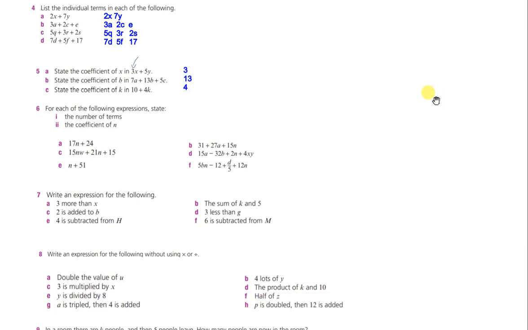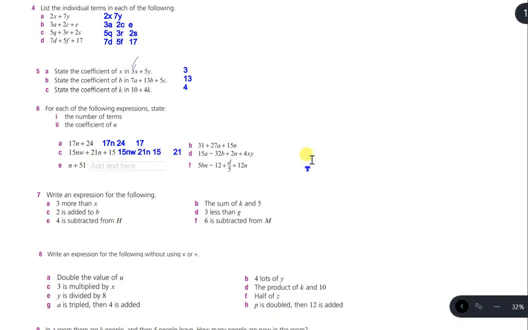Number 6, for each of the following expressions, state the number of terms and the coefficient of n. So, for a, we've got 17n, and we've got 24 as a constant, and the coefficient of n will of course be 17. There's 17 of n. For the next one, just put it slightly higher, you've got 15 of nw, you've got 21 of n, and you've got 15 as a constant, and then the answer for how many of n, of just n by itself, there's only 21.